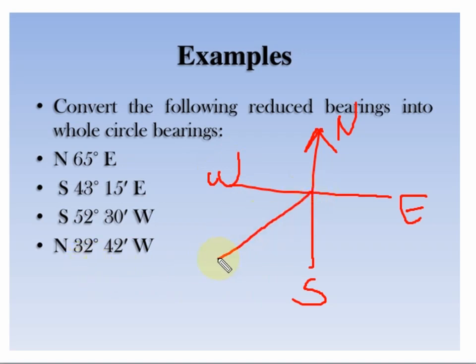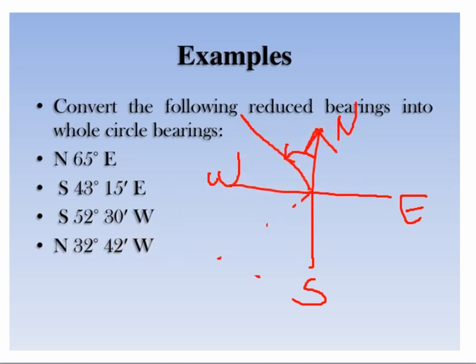Sorry, here is not, it is wrong. So here it comes. So this is the north 32 degree 42 minutes west. Let me remove this. So north 32 degree 42 minutes west.